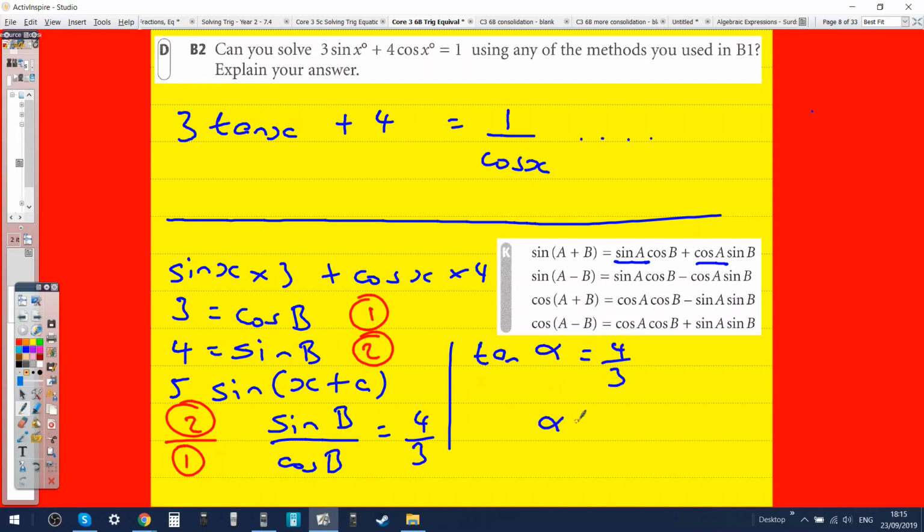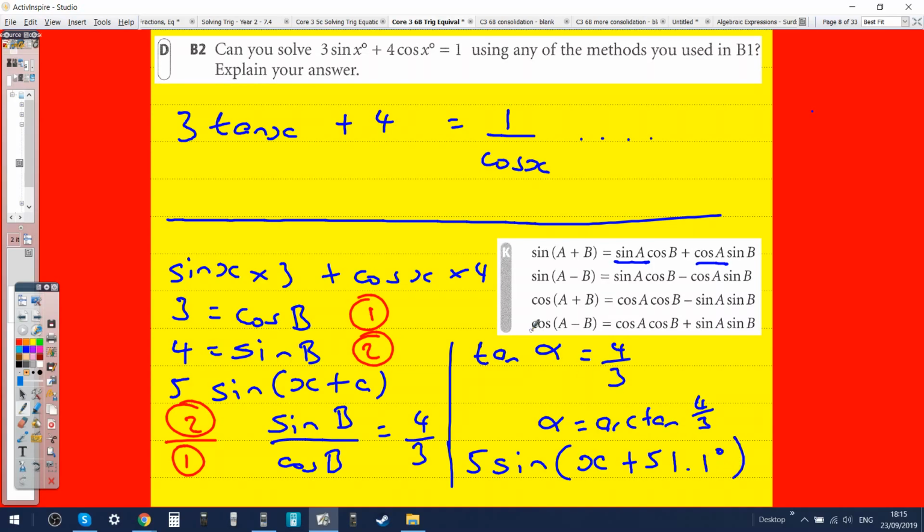And so alpha equals? Inverse or arctan 4 over 3. Which is a number, which is 53.13. And is that in degrees?